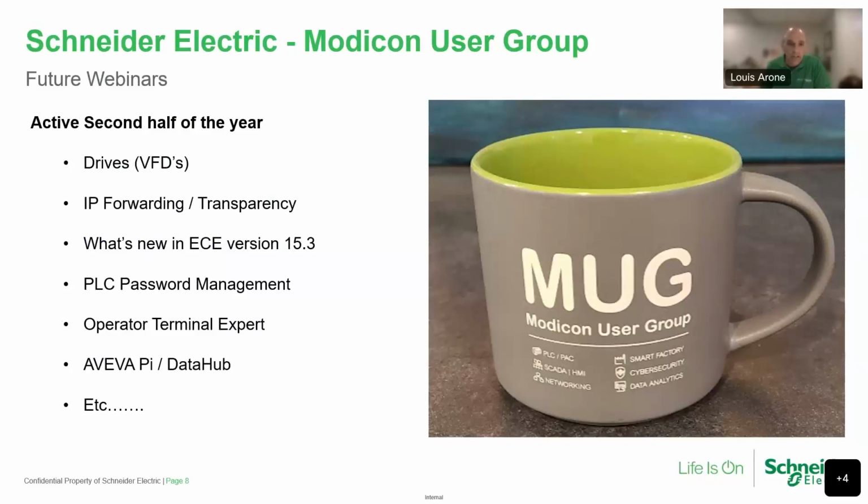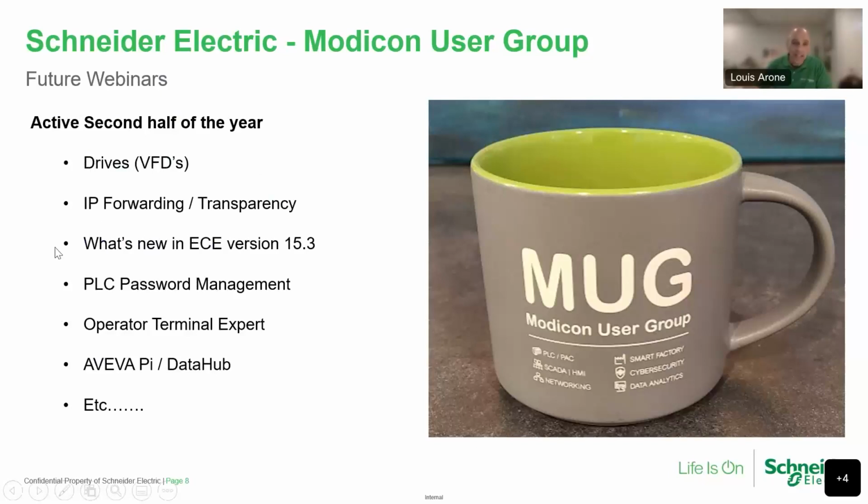The second half of our year is going to be pretty robust. These are the topics we're going to talk about. They could be major topics, or they could be a minor topic in some of our sessions. I think you're going to be really happy with the agenda that we have for the second half of the year. Drives, we're going to talk about some VFD drives in the fall. Some IP forwarding and transparency, all around networking.